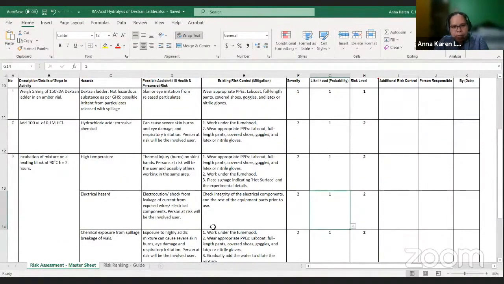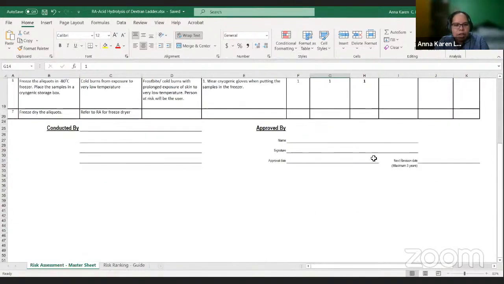What will be the possible accidents? What are the risk controls you can implement? Using PPEs, working under the fume hood, putting in place signages for others working in the lab, etc. And again, you assess based on the severity and likelihood.